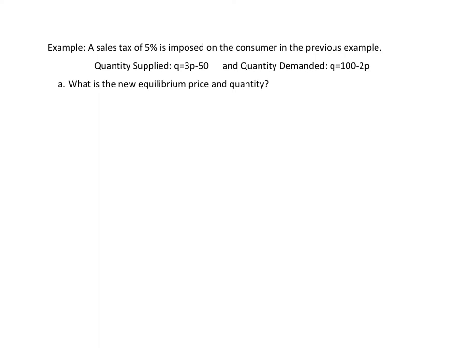Our last example is that we want to see what happens if we impose a 5% sales tax. And keep in mind, in our previous example, the equilibrium price was $30, and the equilibrium quantity was 40. But now we're imposing the sales tax, which isn't going to affect our quantity supplied. That's going to stay the same. What's going to be affected is our quantity demanded, because you, the consumer, are actually paying this amount.